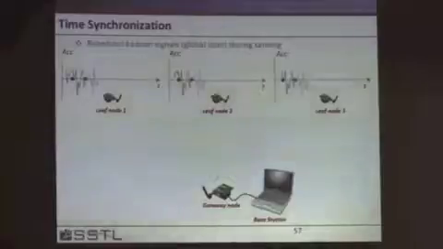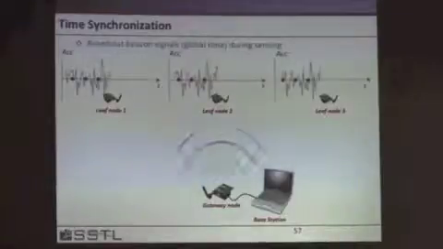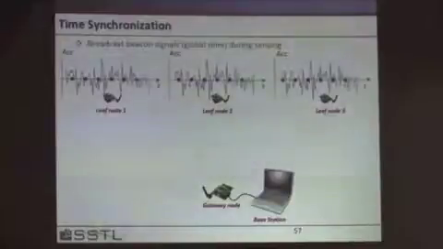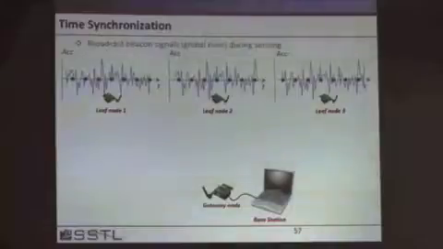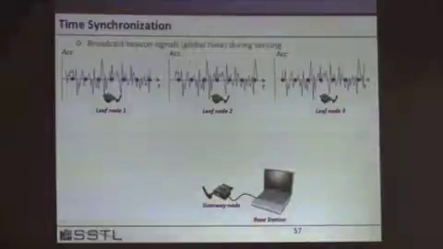And so what we developed was an approach. These are the different nodes in your network. We call them leaf nodes. This is the gateway node. And over the collection time, we send out beacon signals that can be used to synchronize each of the sensor nodes so that we've got synchronization. And typically we'll get about 50 microseconds synchronization, which ends up to be about 1 degree in phase at 100 hertz.